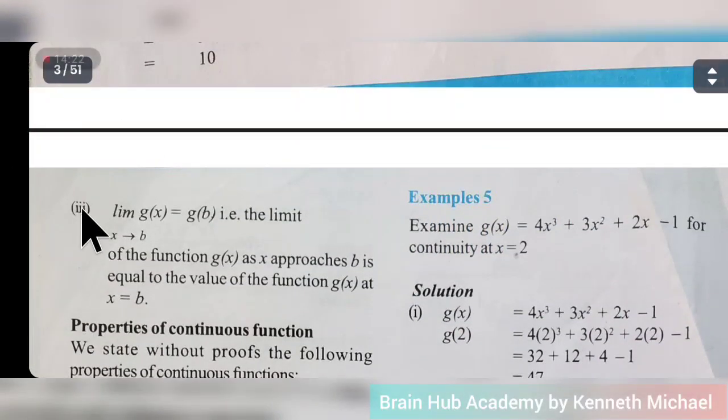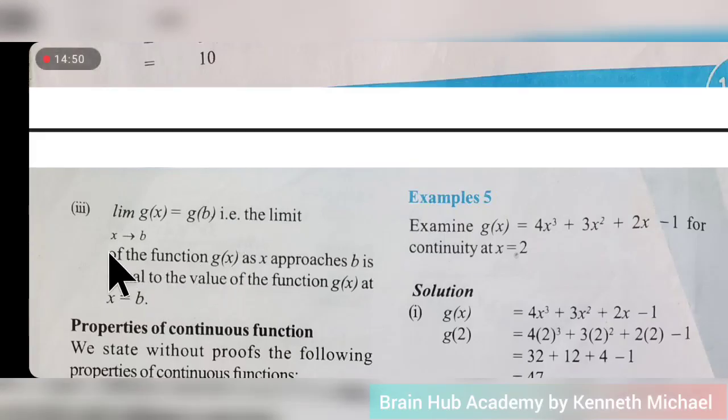The third condition, look at my cursor: the limit of g of x equals g of b. That is, the limit as x approaches b of the function g of x is equal to the value of the function at x equals b.